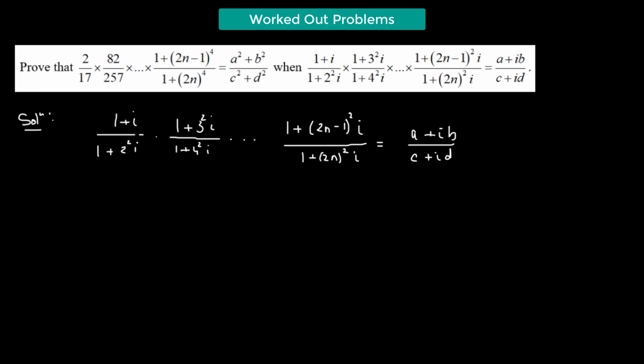So in order to solve this question, we're going to take the absolute value on both sides. Now we know from the property of absolute value that if we have the product of two complex numbers and we take its absolute value, then this is equal to the product of the absolute values.